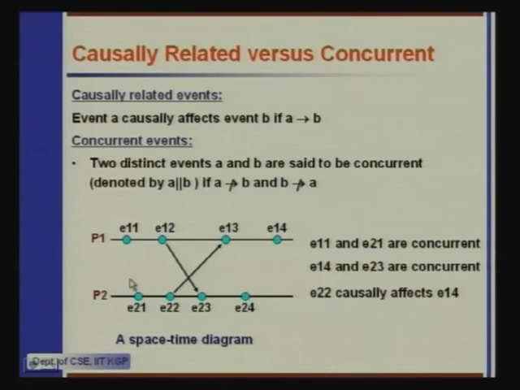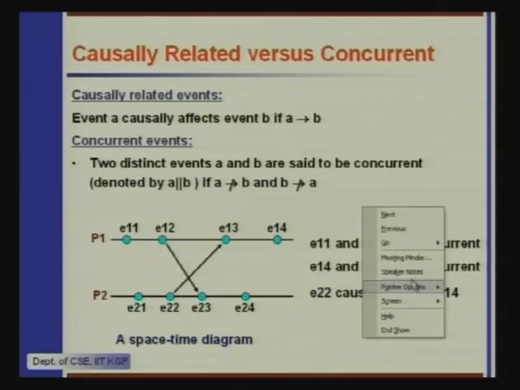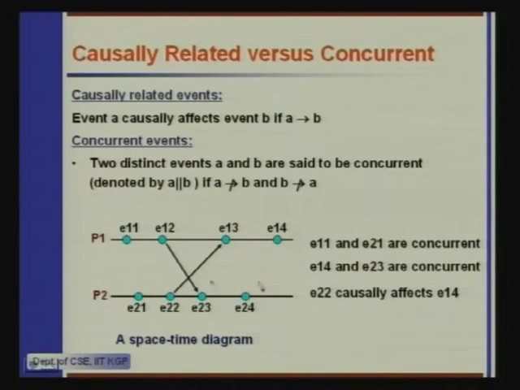Now let us look at this. E11 happened before E12. E12 happened before E23. Why? Because E12 is a send event and E23 is the receive event. So this happened before this, which happened before this.